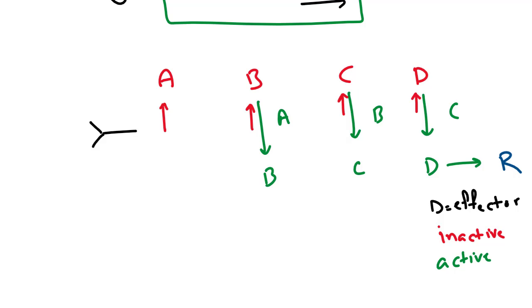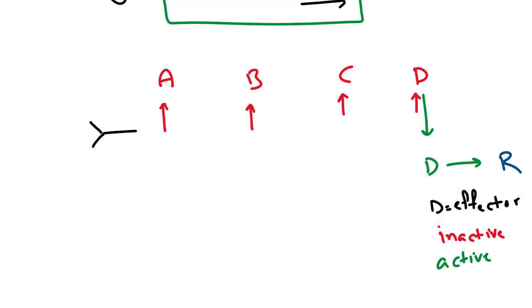Well, if there's no more active A, then the activation process for B is gone, so the only process left is the process which is taking B from the active state to the inactive state, so the concentrations of active B decline. Now, if there's no more active B, well, the activation step for C is gone, so the only process that is left is the inactivation step for C, so the concentrations of active C go down.